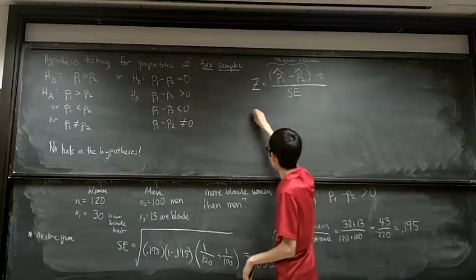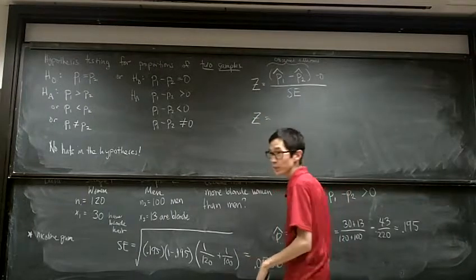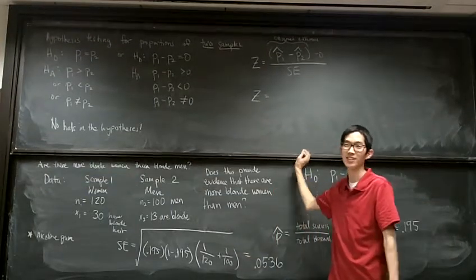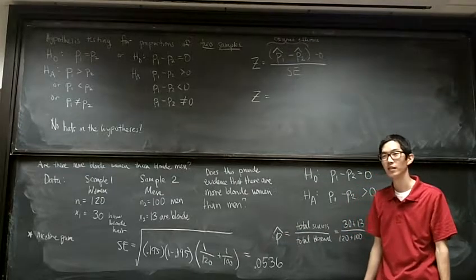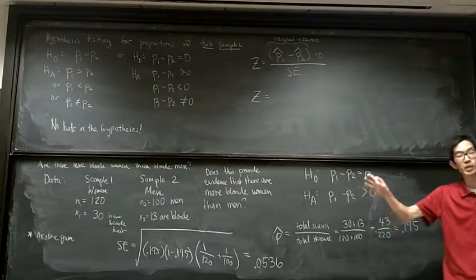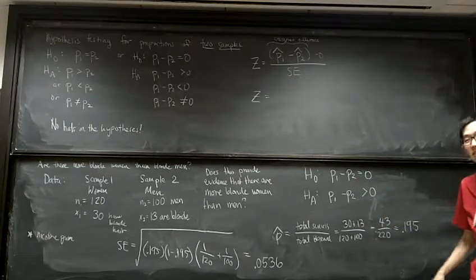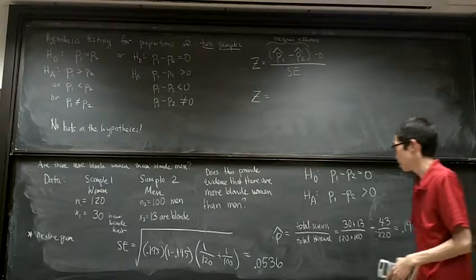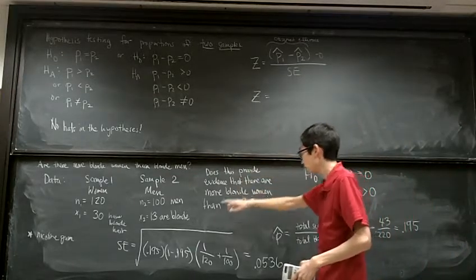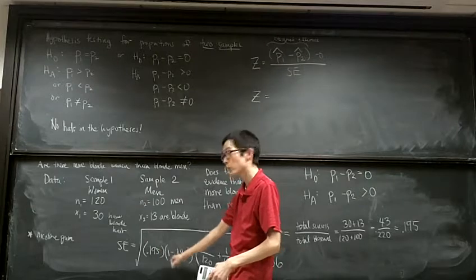Okay, so z, you have a question. I'm lost on the 1 over 120 plus 1 over 220. Oh, and I just erased it. Okay, so this is p hat times 1 minus p hat.